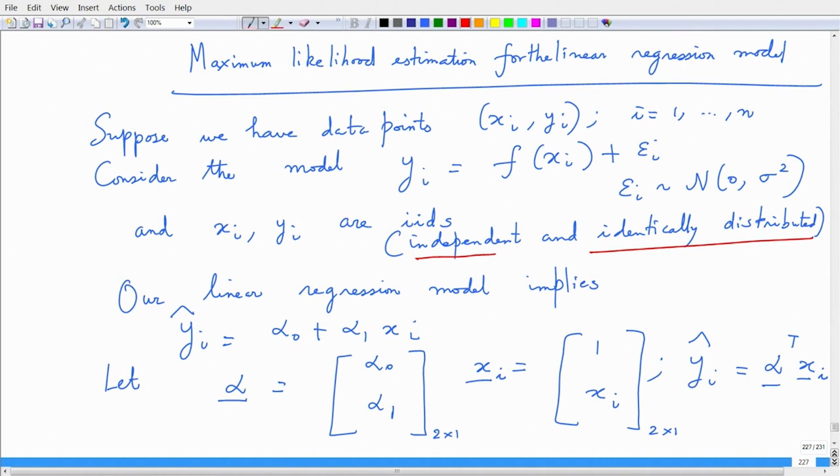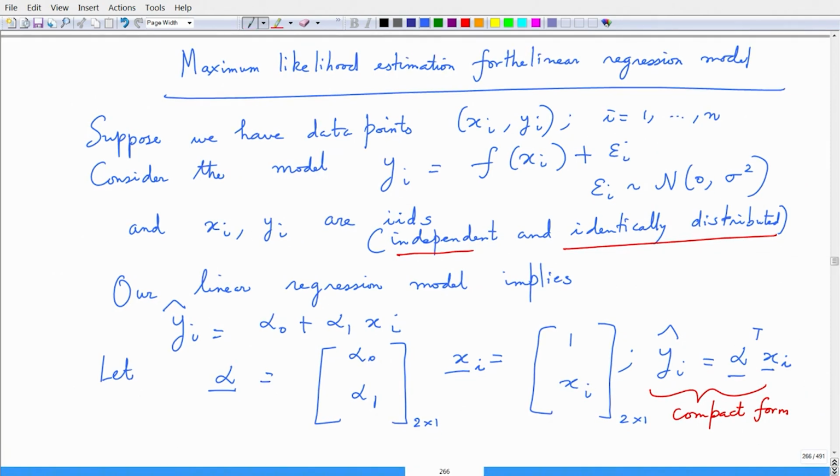Therefore, I can write yi hat, which is the estimate of y, as an inner product between these two vectors, alpha transpose x. This is a compact form of representing this estimate. So, yi hat is a scalar and I can realize the scalar using the dot product of two vectors.